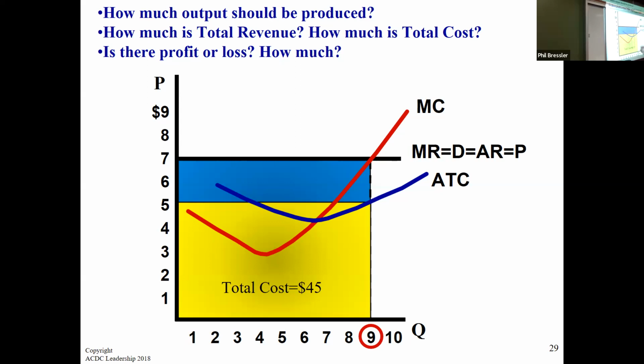At 5, what's the marginal revenue? It's what? 7. At 5, what is the marginal cost? All right. So if it's costing him 3 and people are paying him 7, should he make more or less?